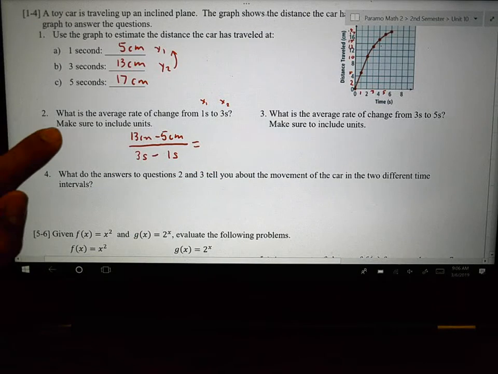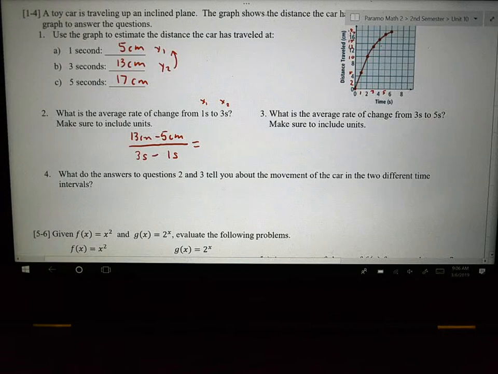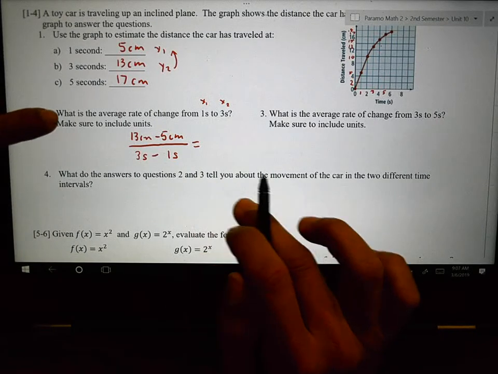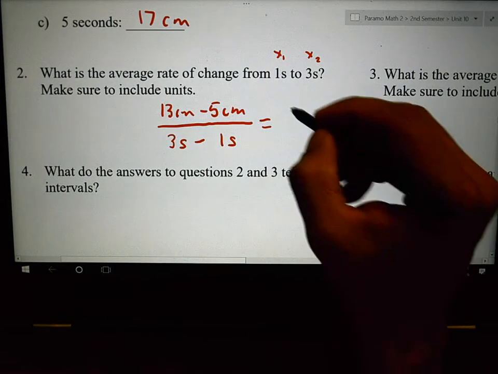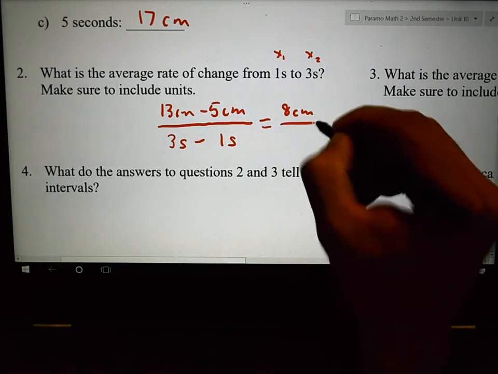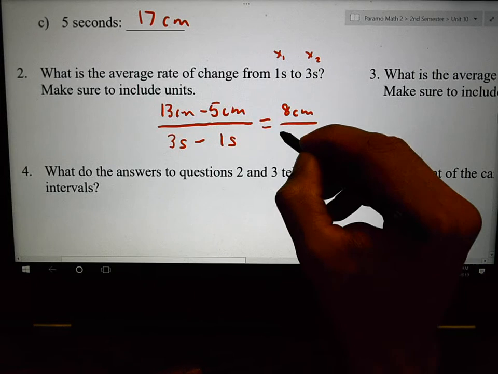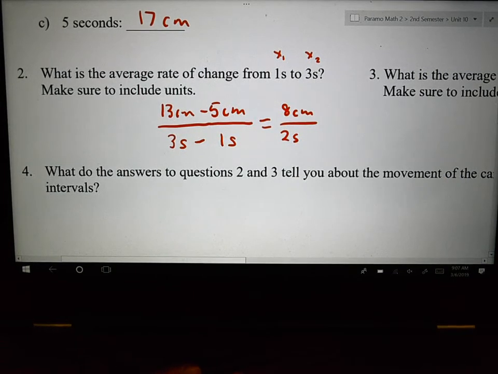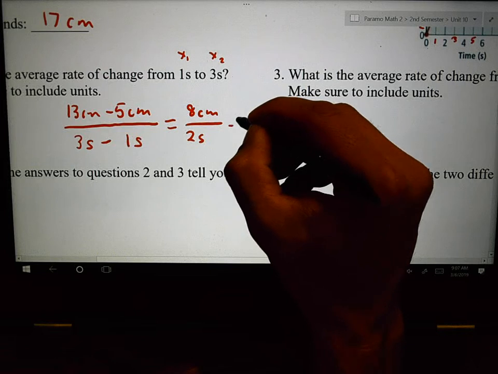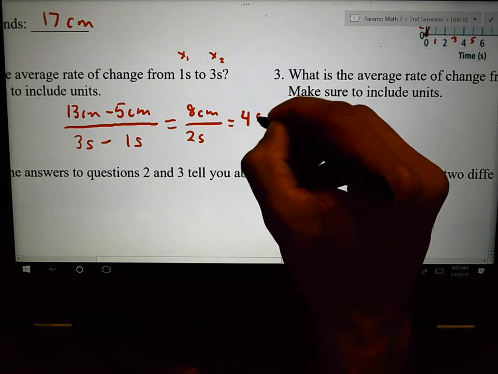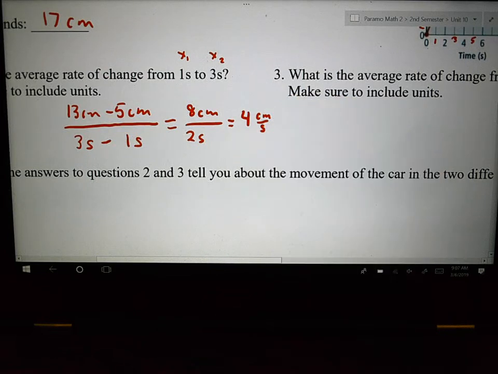It said make sure to include units. That's why I put the units in there. I want to make sure I'm answering the question. So now that we have 13 centimeters minus 5 centimeters, that makes 8 centimeters over 2 seconds, which reduces. What does it reduce to? It reduces to 4 centimeters per second.